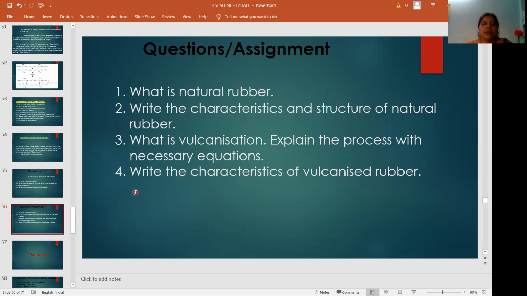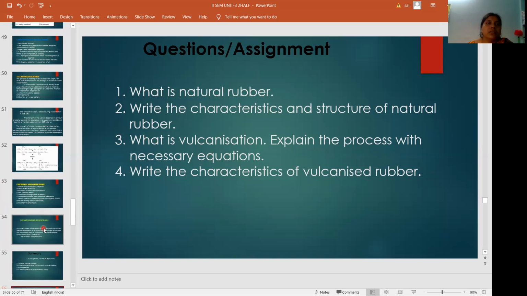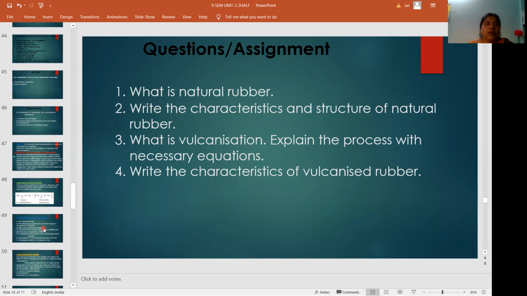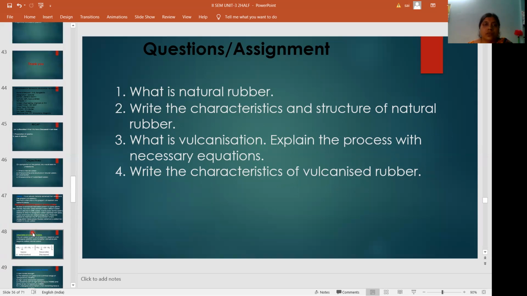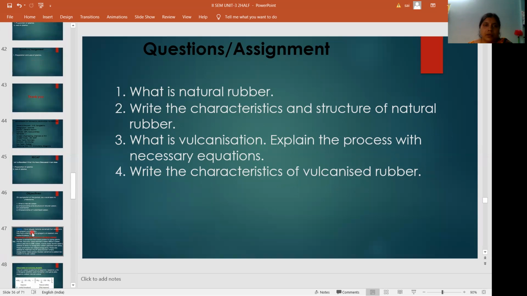Maximum times repeated. Define elastomer, give examples, write natural rubber structure, what is natural rubber. Like this, they will ask. Okay, with this, we finished. The rubber topic is not totally finished; preparation and uses of synthetic rubbers will be there. So far, just rubber, natural rubber, vulcanized rubber, and the elastomer definition.